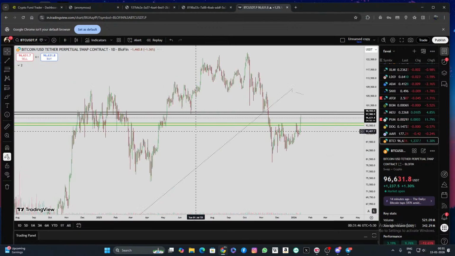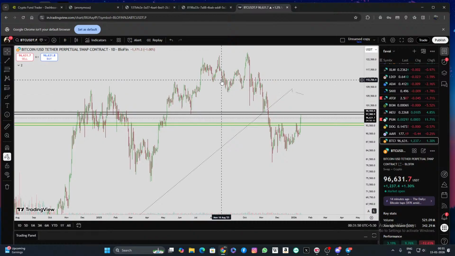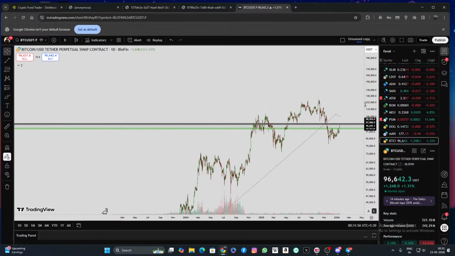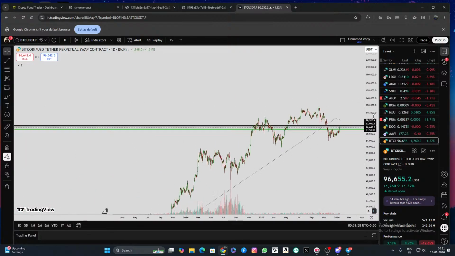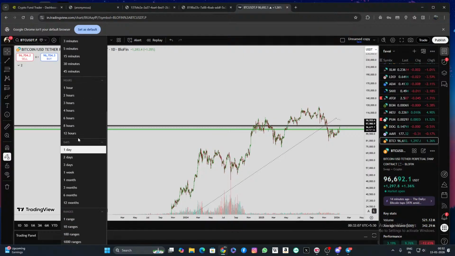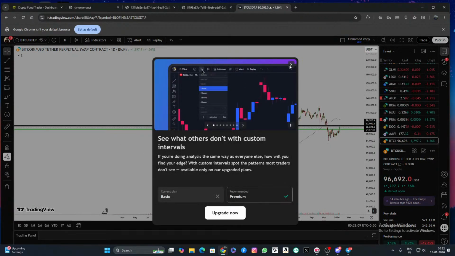So let's first begin with how to trade the trend lines. You know how to draw it, and now let's start with how to use the trend line in the right way.